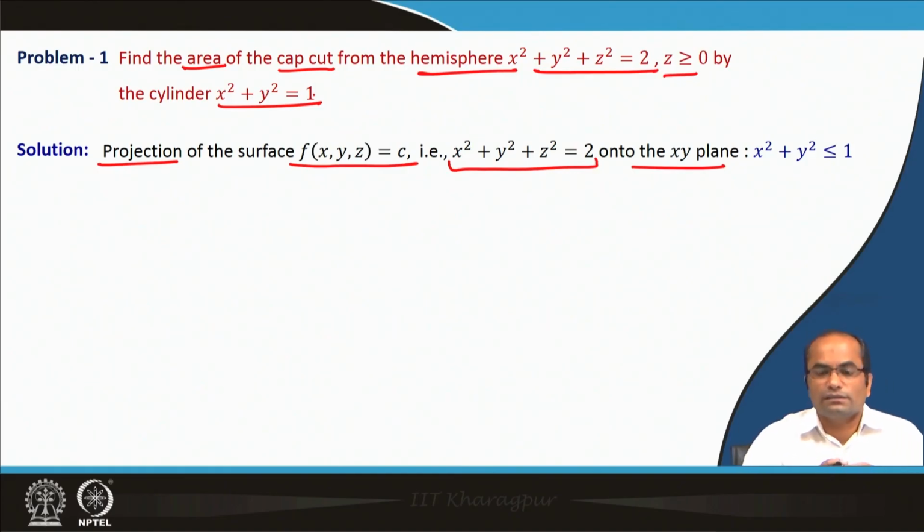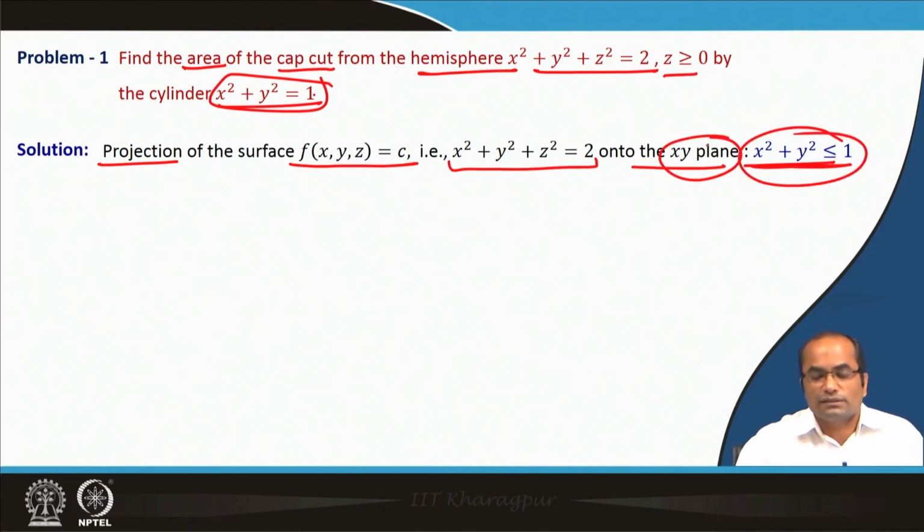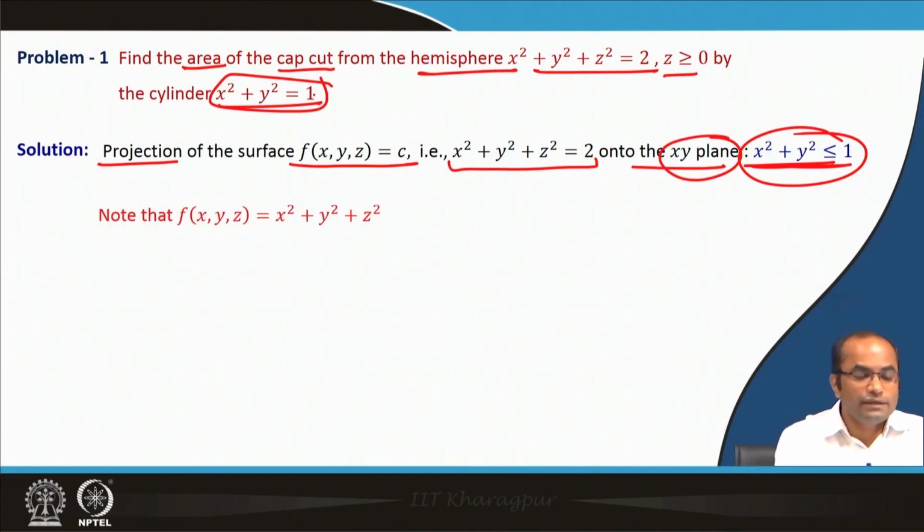Since the cylinder is along the z axis, if we project that portion of the hemisphere on the x y plane, naturally that projection will be the disc only, because the circular cylinder was used to cut this hemisphere. So, as a projection on the x y plane, we get the circular disc x square plus y square less than or equal to 1. So, we have R now, which is the projection on the x y plane.